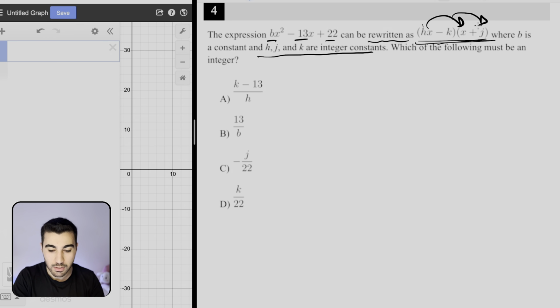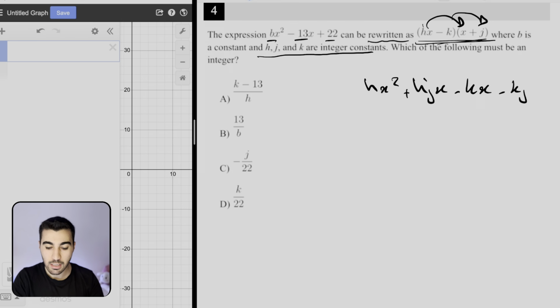Let's distribute this first. So we're going to have hx squared plus hjx minus kx minus kj. Here x, so I can factor that. We're going to have hj minus kx. Awesome.